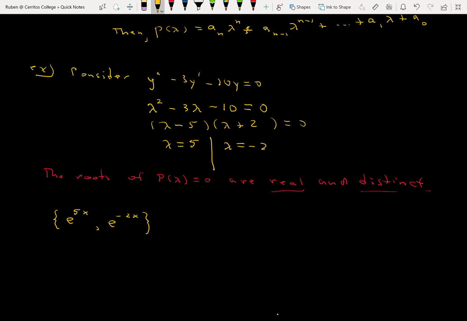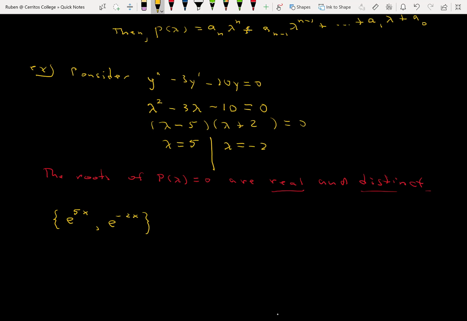It forms a fundamental set of solutions because these two functions are linearly independent, and they're linearly independent because they're not proportional. So again, we're heading toward a theorem that's going to allow us to not have to state that the functions are in fact linearly independent. For now, let's just write our solution.